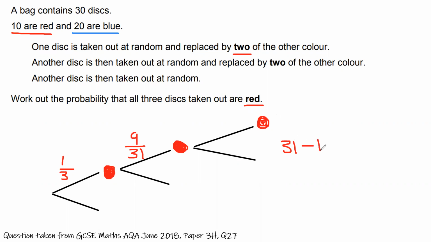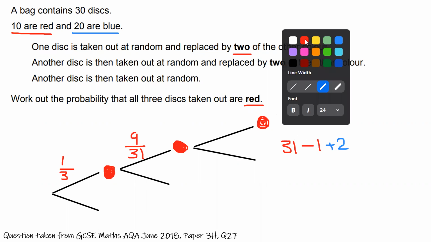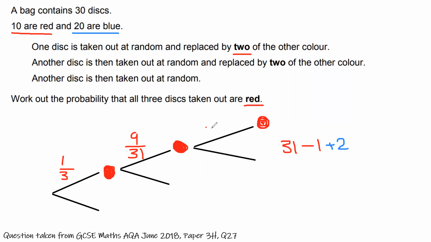We've removed 1 red disc, and then because we're adding 2 of the other colour, we're adding 2 blue discs. So now we've got 32 discs, of which 8 of them are red. And if you notice, both of these can be divided by 8, so that's the same as 1/4. So 1/4 of the discs are red.